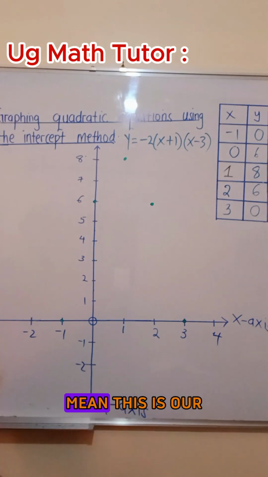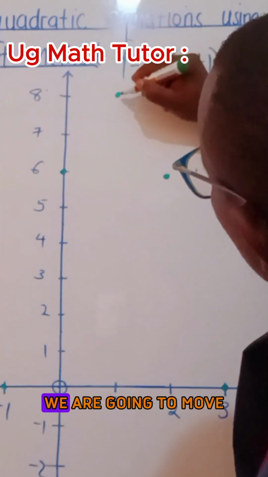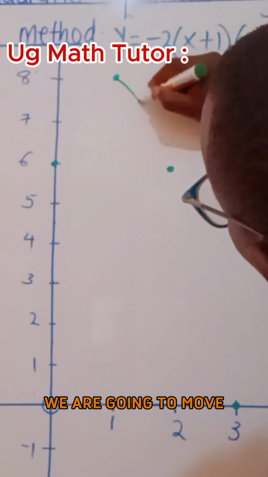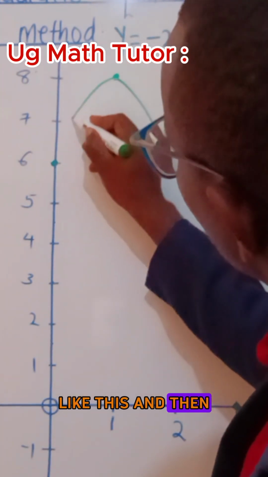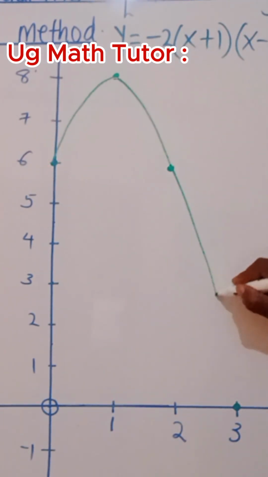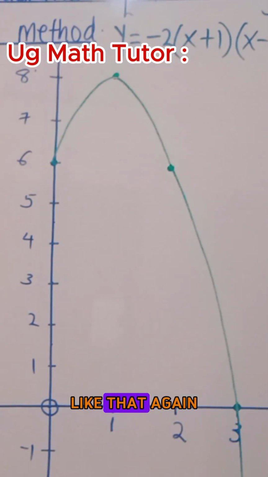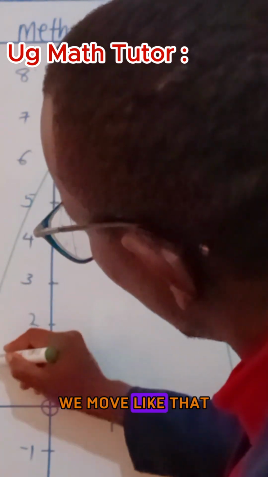What does that mean? This is our maximum point, and from the maximum, we are going to move like this, and then like this. Okay? So, we move like that. Again, we move like that.